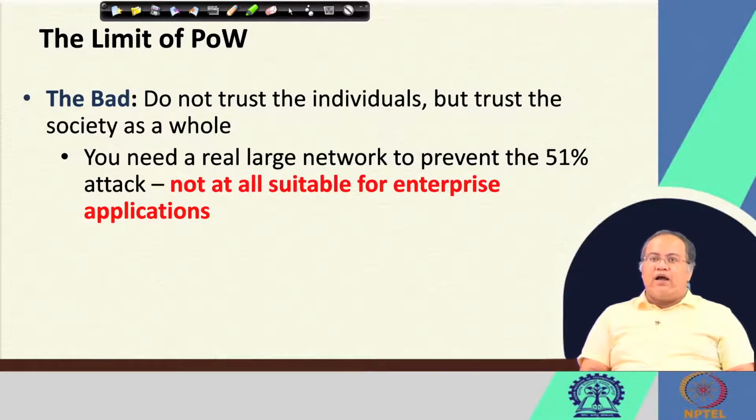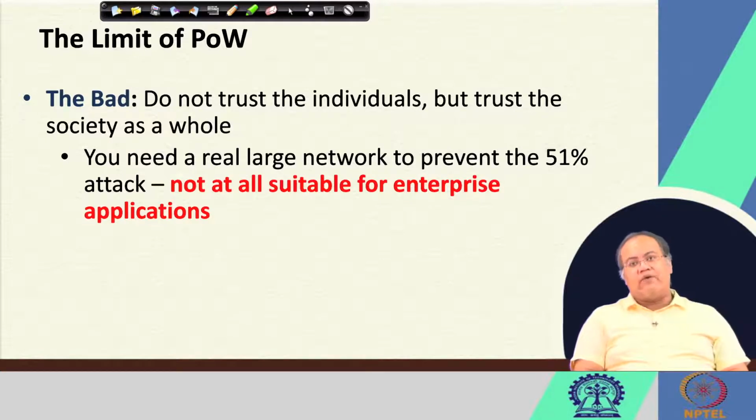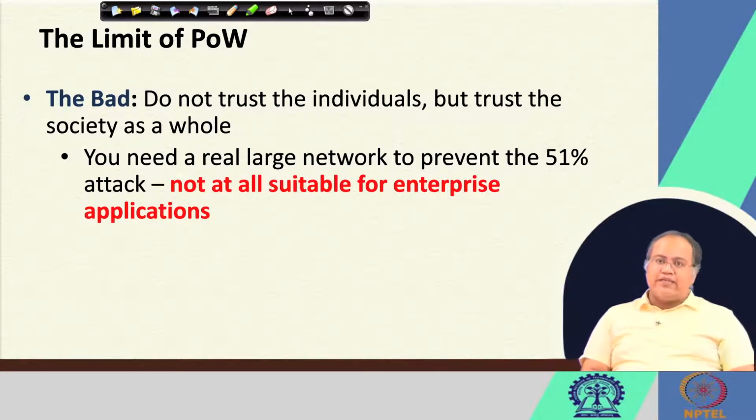But this is a strong assumption, particularly for many enterprise applications where blockchain is likely to be suitable. In applications like Bitcoin, which already has an established network with millions or billions of users who have participated there, it is obviously much more difficult to launch the 51% attack.